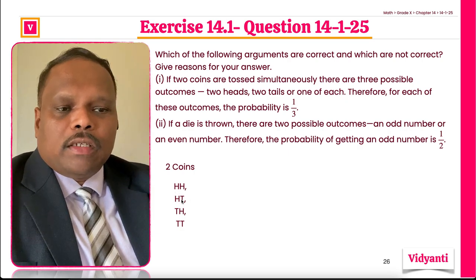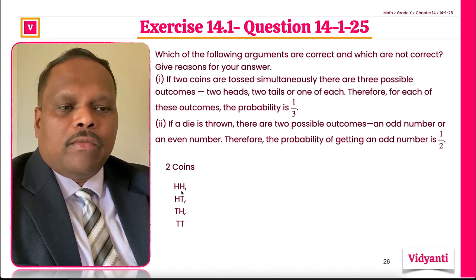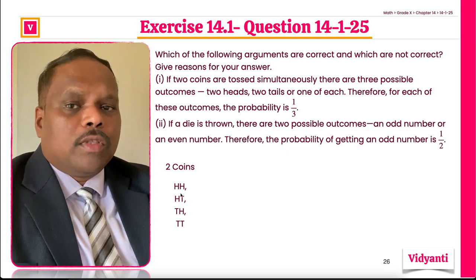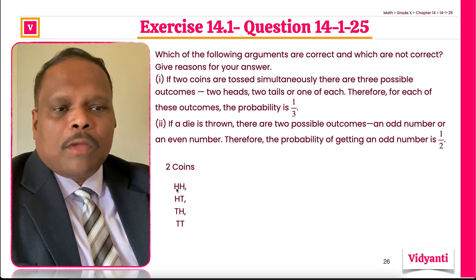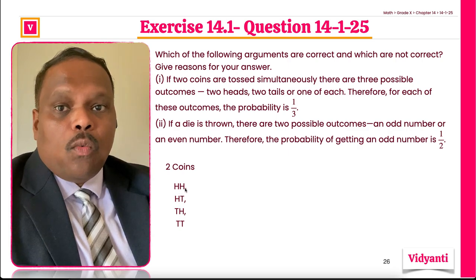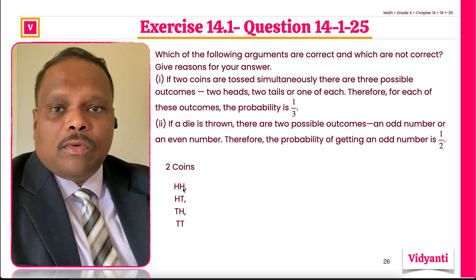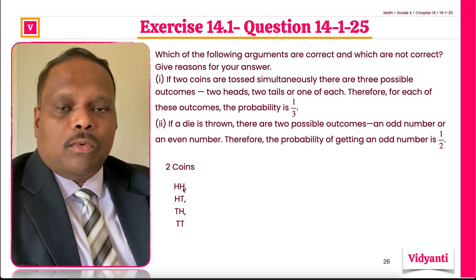Since there are two ways this middle outcome can happen, these are not equally likely. If everything is happening only once, then each outcome comes with a probability of 1/3. Here, two heads is happening 1 out of 4, so the probability of two heads is 1 divided by 4.